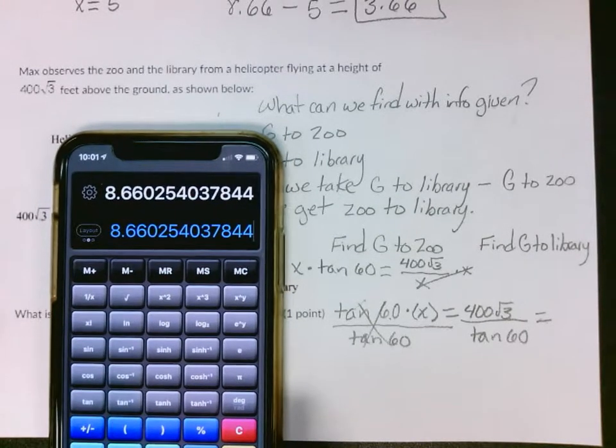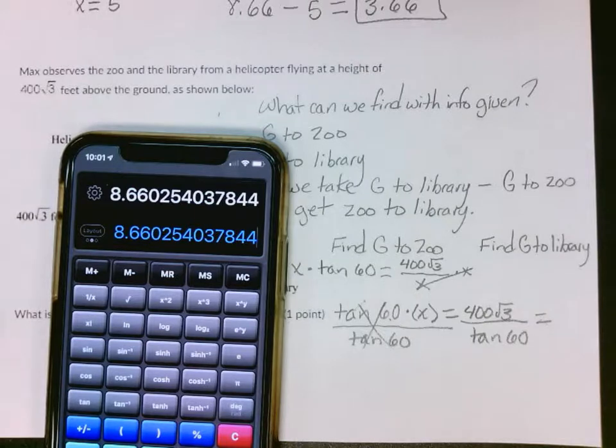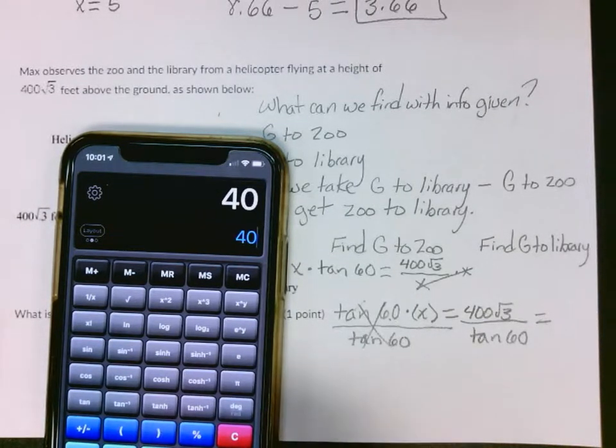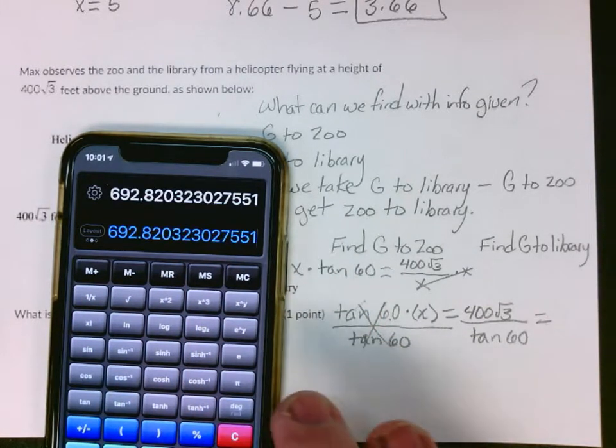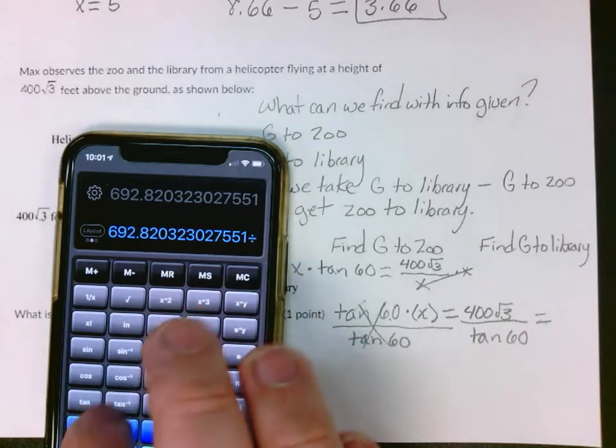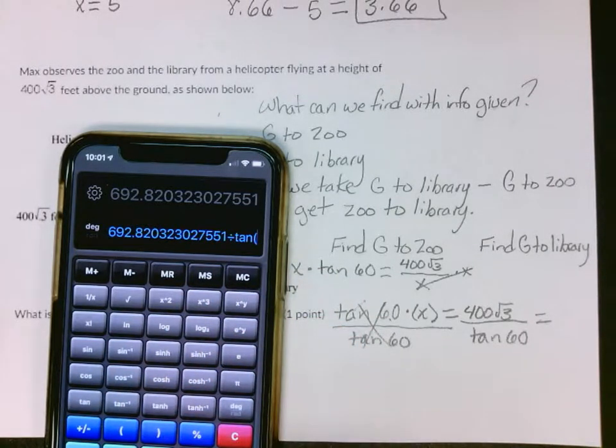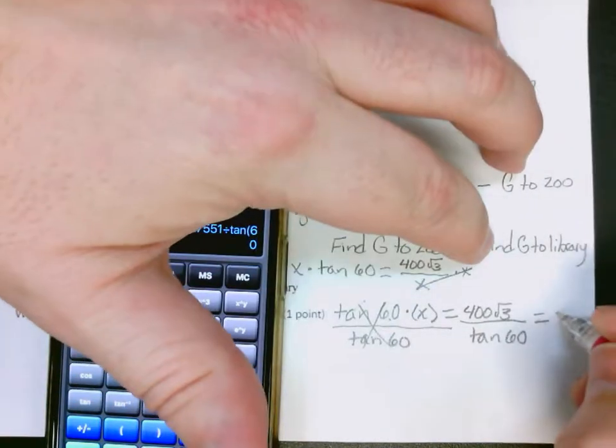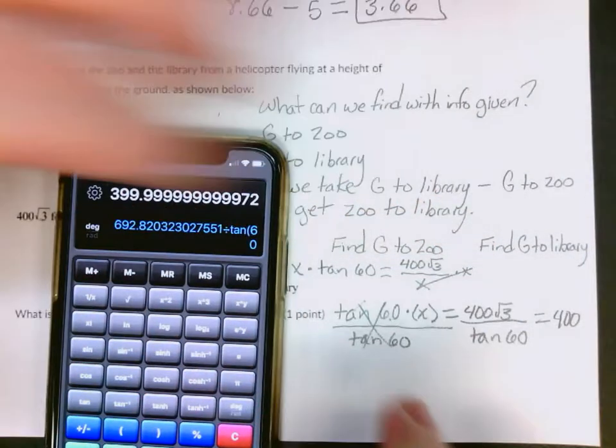And we are going to go 400 times the square root of 3 equals divided by tangent of 60. Gives us 400. Okay, so our answer there is 400.